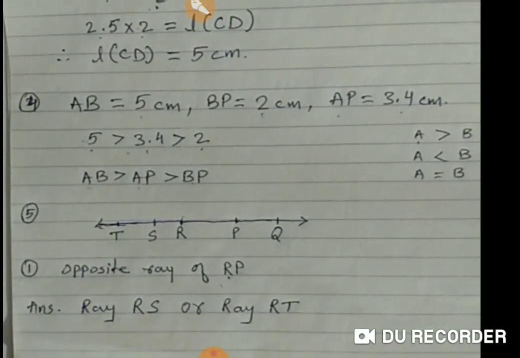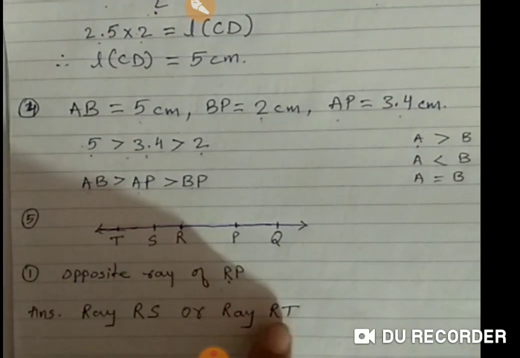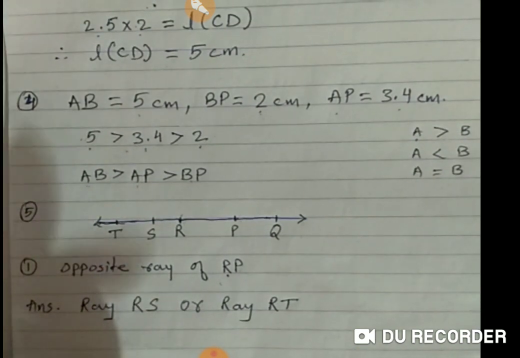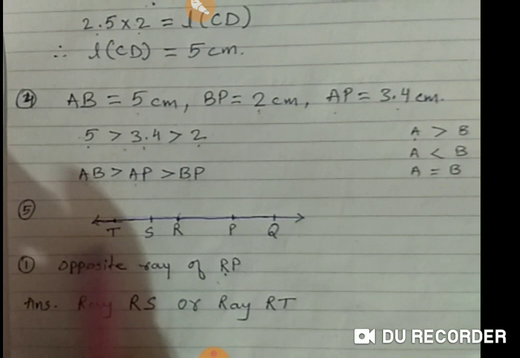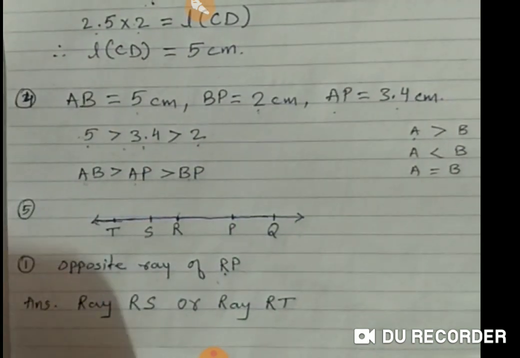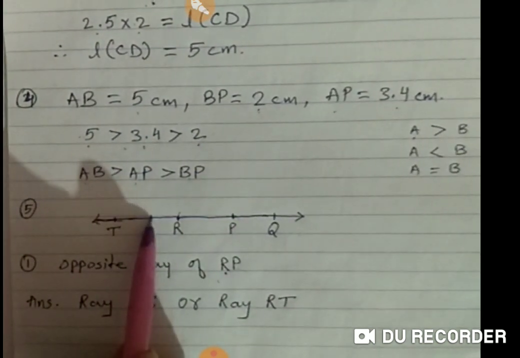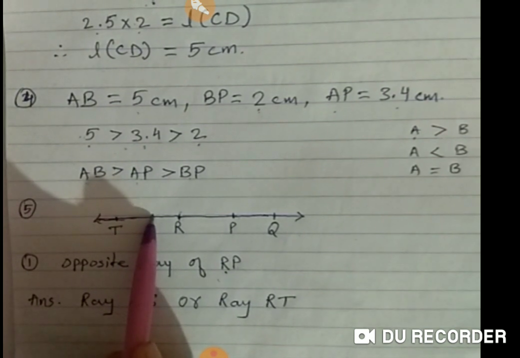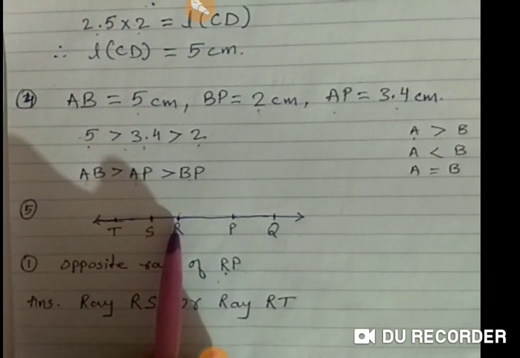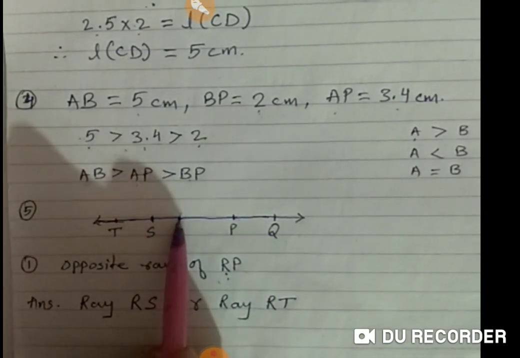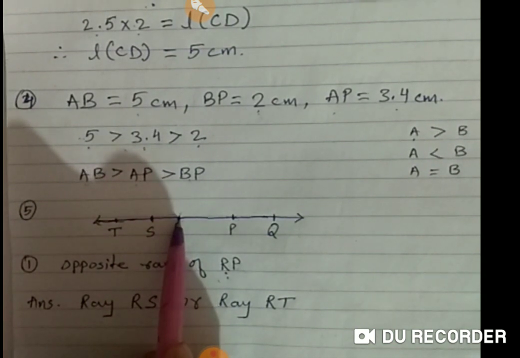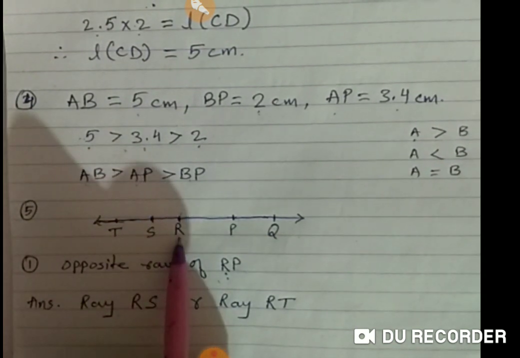Opposite ray. When we are talking about opposite ray, it can be ray RS or ray RT. You cannot say ST is the opposite ray. ST is moving in the opposite direction of RP, but the originating point of ST is S. But in your question, we need to find the opposite ray of RP, where the originating point is R. So your opposite ray should start from R itself.